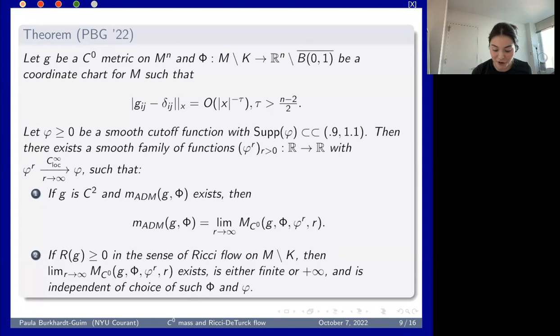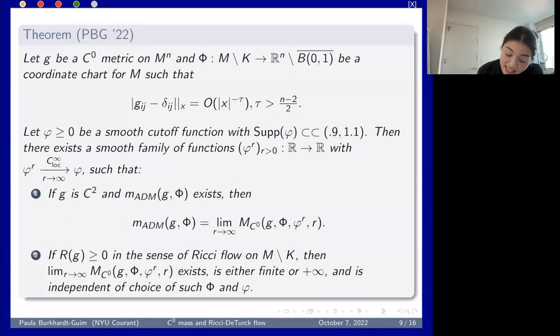Let g be a C0 metric on a smooth manifold M, and let capital Phi from M minus a compact set to R^n minus a ball be some coordinate chart for M, such that in this chart the C0 metric decays to Euclidean space like |x|^(-tau), where tau is bigger than (n-2)/2. Now let phi be some non-negative smooth cutoff function with support compactly contained in (0.9, 1.1), and phi should obviously not be identically 0.